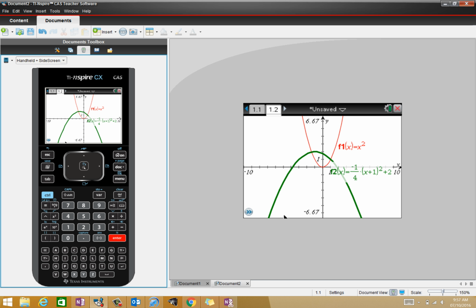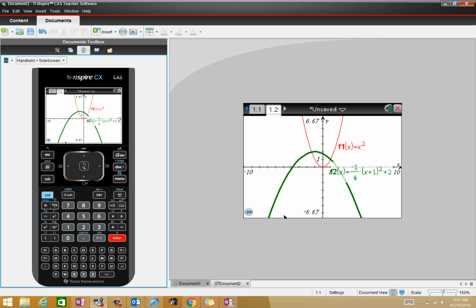Now, when I do that, you can see that the key point, this turning point, has moved to the left 1 and moved up 2. And does it look wider or narrower than x squared? It's wider. So despite the fact that you might not be completely nailing the concepts of translations and dilations and reflections, you could sketch both in your CAS, and that would be a way to do it.